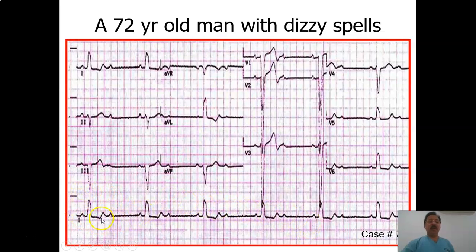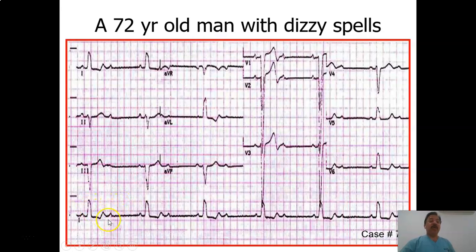The ventricular rate looks very slow and the rhythm is irregular. If we count the big boxes between two R waves, 1, 2, 3, 4, 5, 6, 7, 8, 300 divided by 8, so the heart rate is approximately 30 to 40 beats per minute. So very slow. It's a bradycardia.